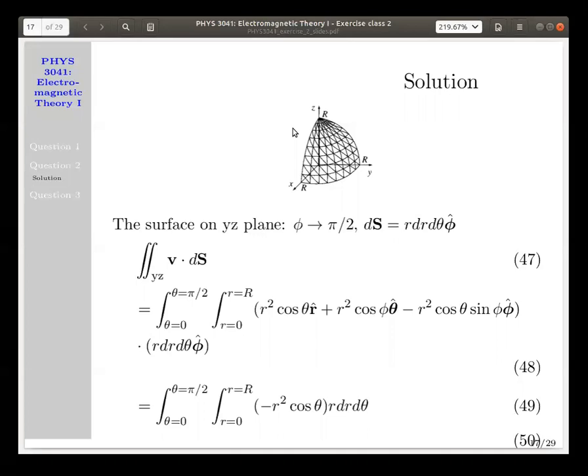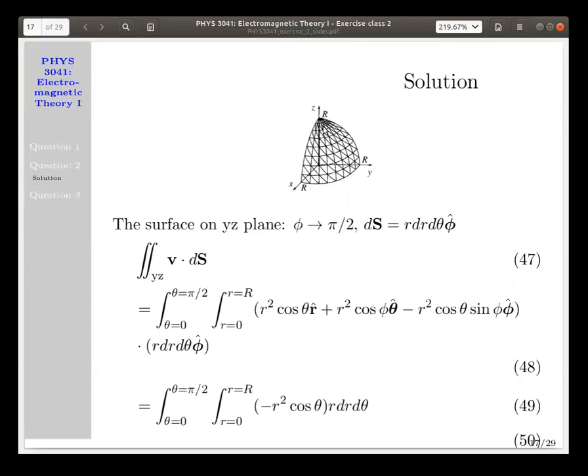Then we do the surface integral on the yz plane. On this plane, phi is fixed to be pi over 2, and the differential area is r dr d theta phi hat.